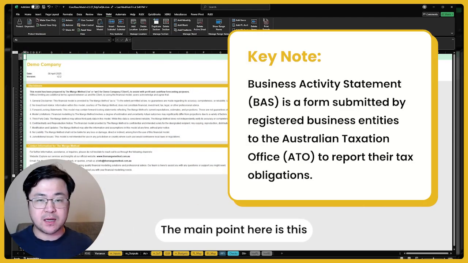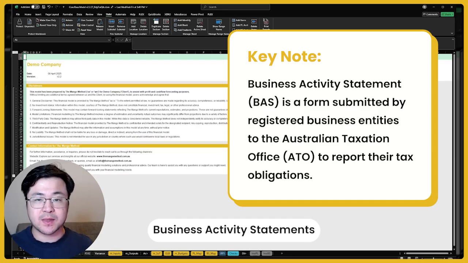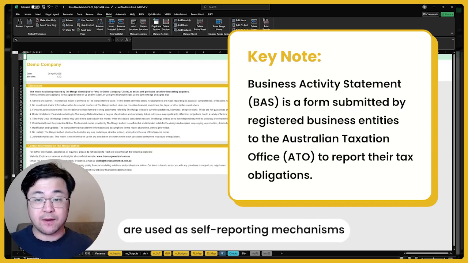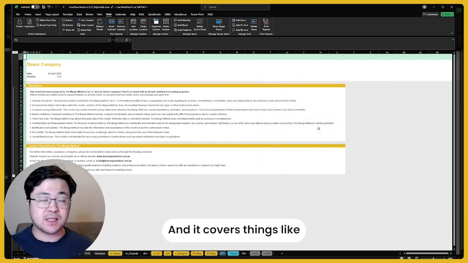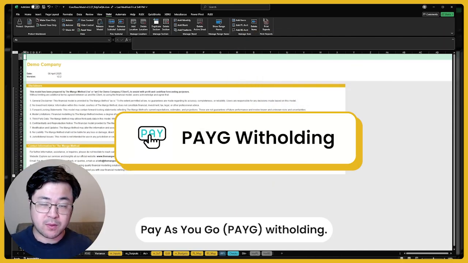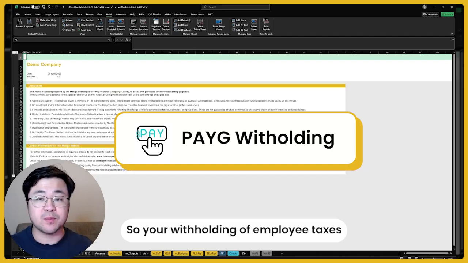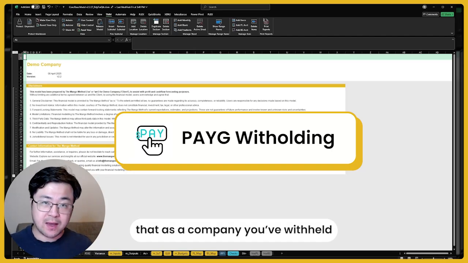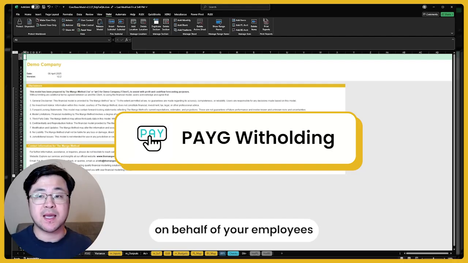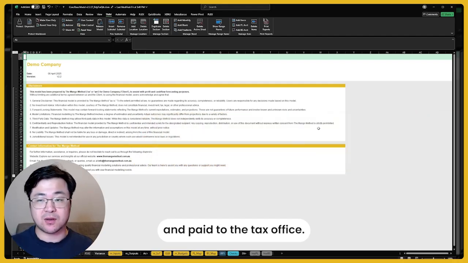The main point here is these business activity statements are used as self-reporting mechanisms for us to self-report to the tax office. It covers things like pay-as-you-go withholding, so your withholding of employee taxes that as a company you've withheld on behalf of your employees and paid to the tax office.